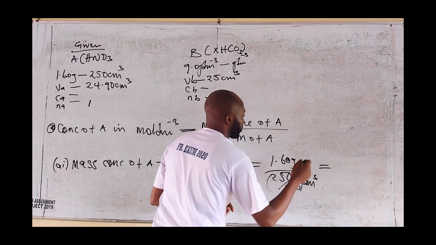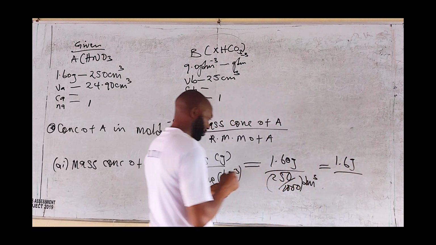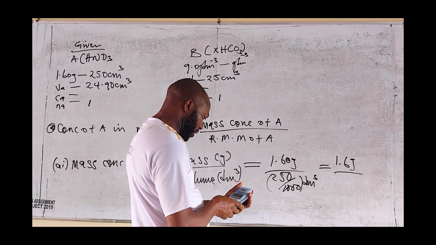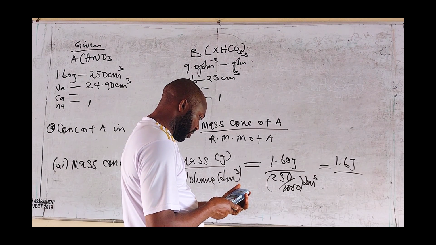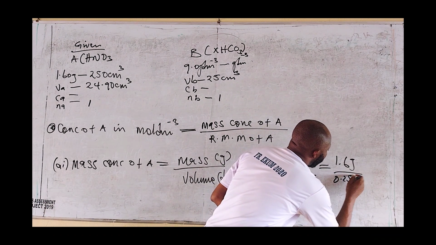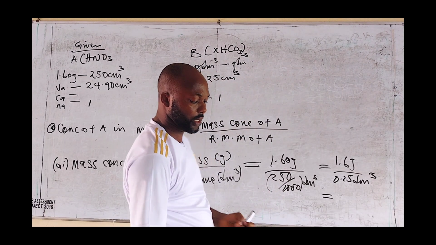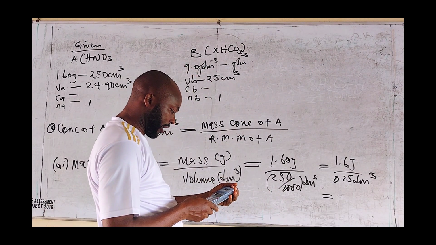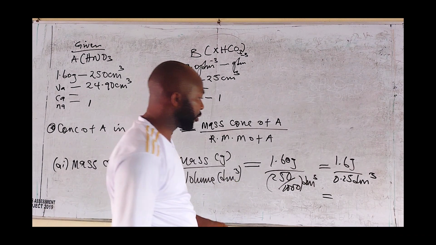This is equal to 1.6 gram over 250 divided by 1000, which is equal to 0.25 dm³. And the mass concentration is 1.6 divided by 0.25, which is 6.4.